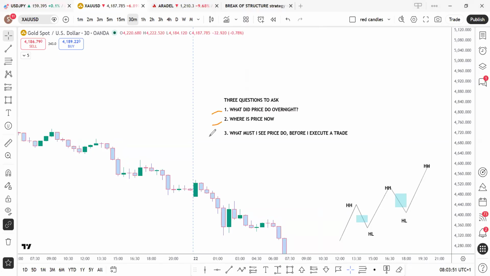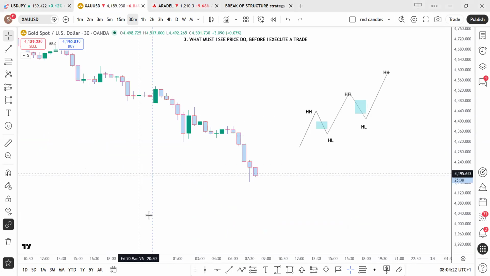Where is price now? And what must I see price do before I execute a trade? This last one is very, very important. You ask these three questions just to give you a framework or a point of reference for you to know whether price is trending upwards or is just not yet ready for your trade process. Okay, so let's practicalize this now.